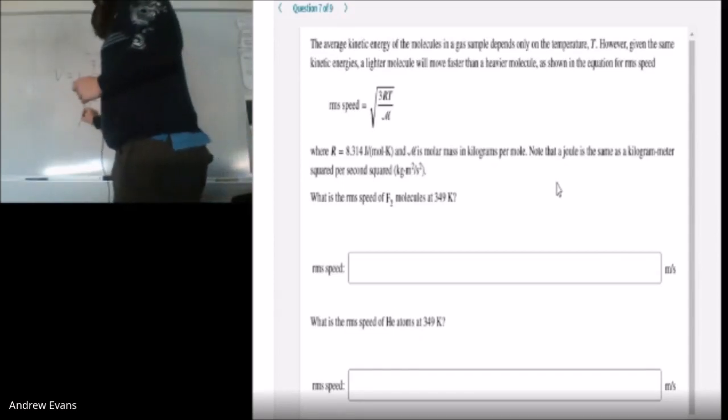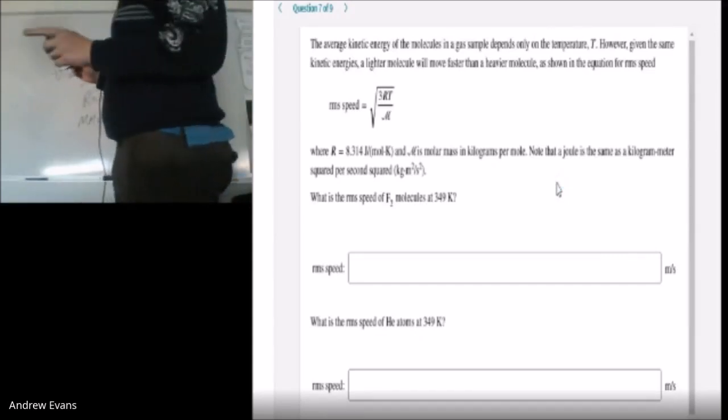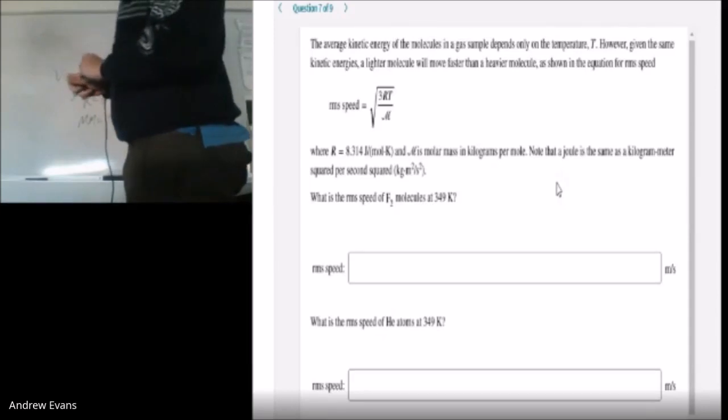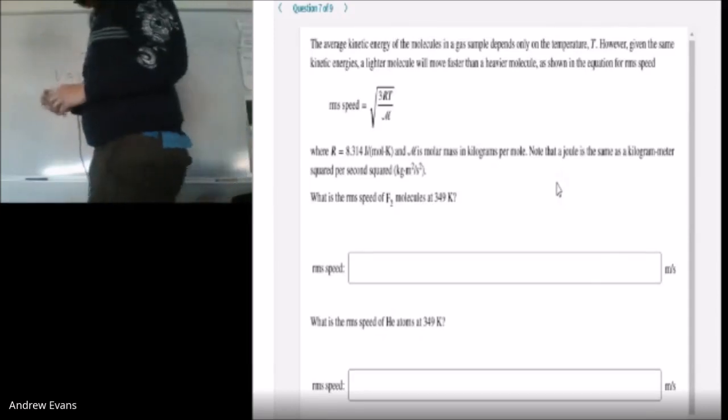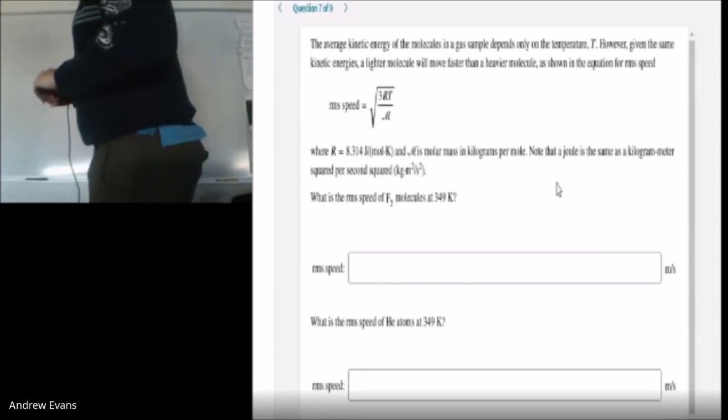Molar mass is in kilograms per mole. So that means whatever molar mass you would have, you would divide it by 1,000. So in the first question, they say, what is the root mean square velocity at 349 Kelvin of diatomic fluorine?